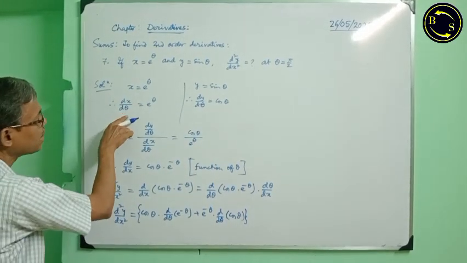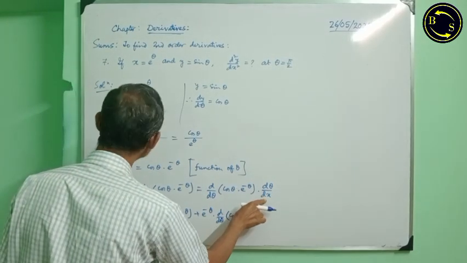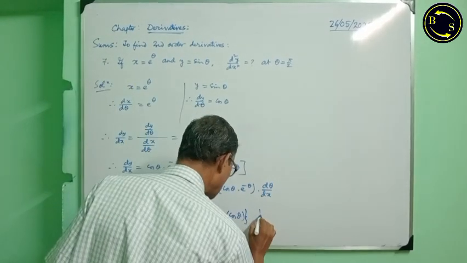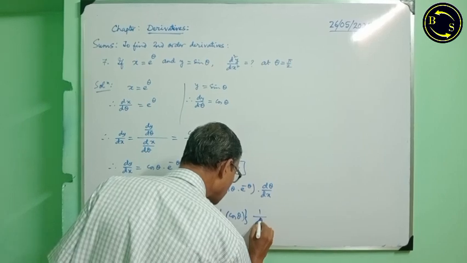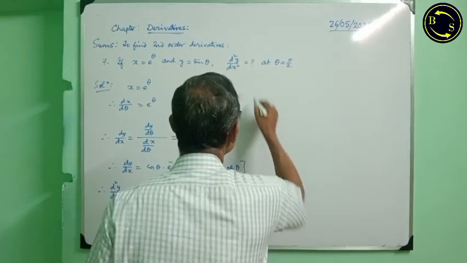Already we have got dx/dtheta equal to e to the power theta. Therefore, dtheta/dx will be 1 by e to the power theta.